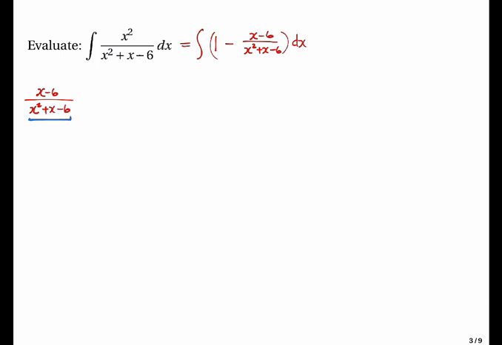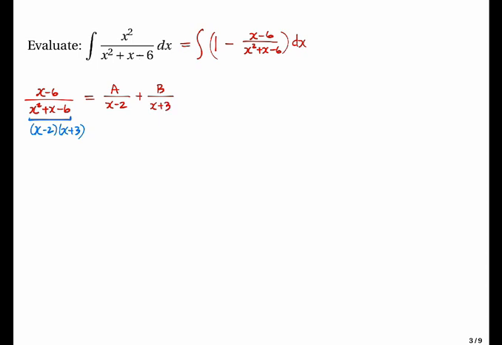that the denominator can be factored into (x - 2)(x + 3), which means that this expression can be decomposed into A/(x - 2) + B/(x + 3).